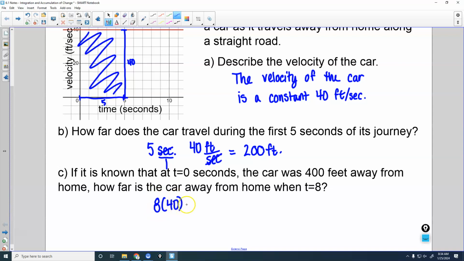Okay, so 8 times 40 is going to give us 320. That's the feet that the car traveled. We need to add it. It was already 400 feet away from home, so we need to add to that, right? So 400 plus 320 is going to give us 720 feet from home.